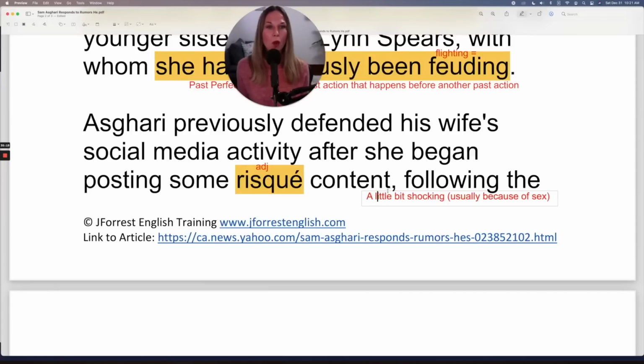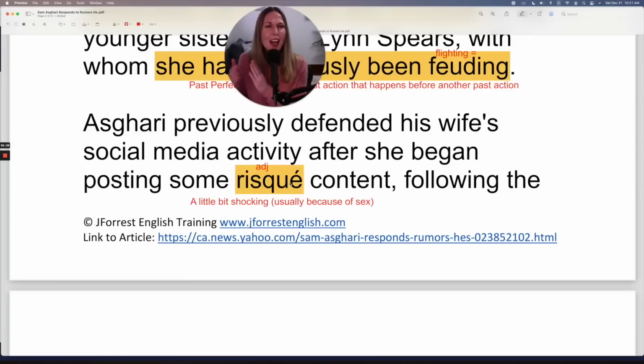So maybe you're watching a movie with your kids and there's a scene in the movie that is risque. So maybe there's some certain attire or some scenes involving some kissing, but it's a little risque. There's more than you would expect, but it's not like, close your eyes. It's just a little bit risque.